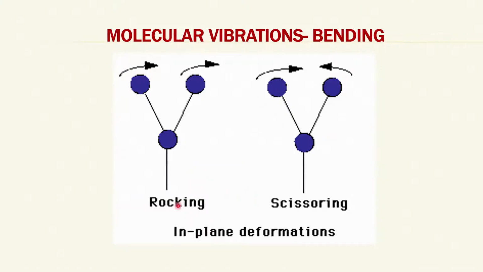Here I am showing two types of vibration. Okay. Here as usual my central atom is here, axis is here, two hydrogen atoms or two balls are here. Now, imagine I have a carbon atom here like this.